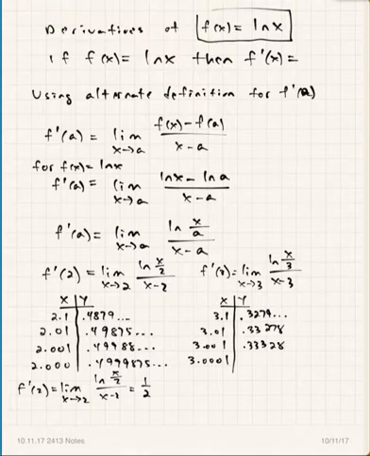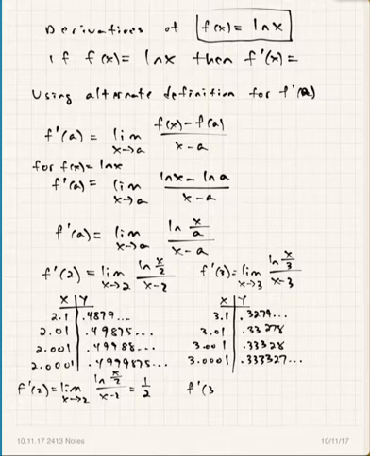And then finally, 3.0001, and I get 0.33327... So what appears to be true here for f prime of 3?